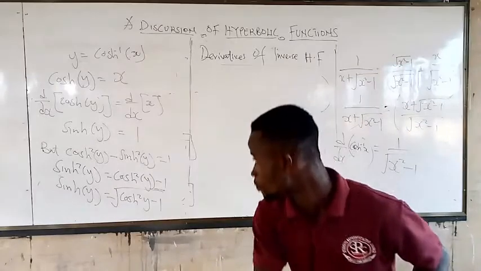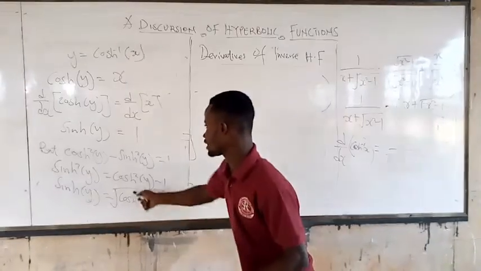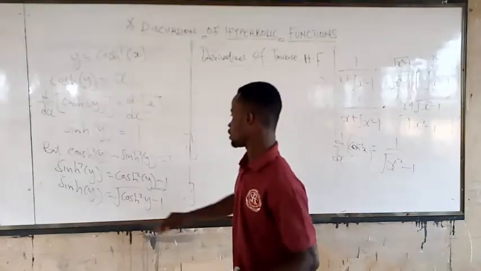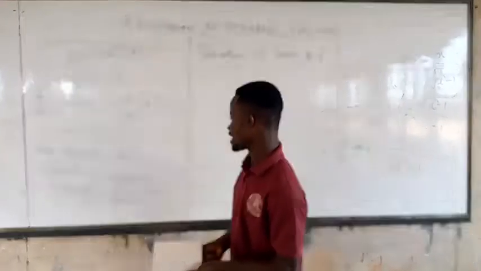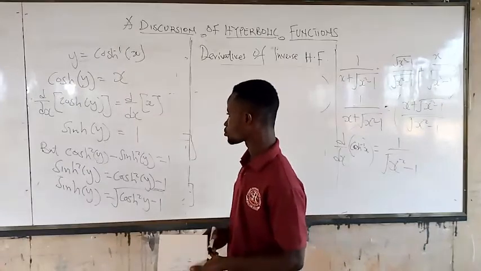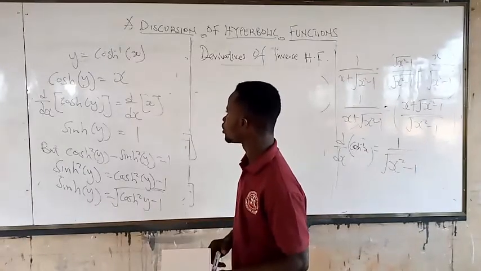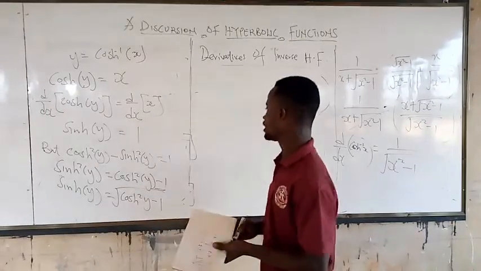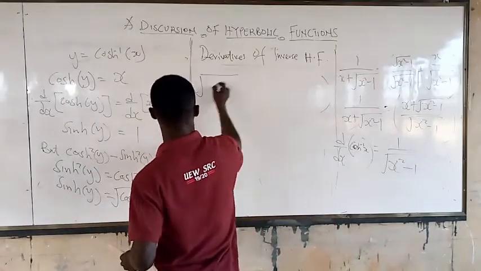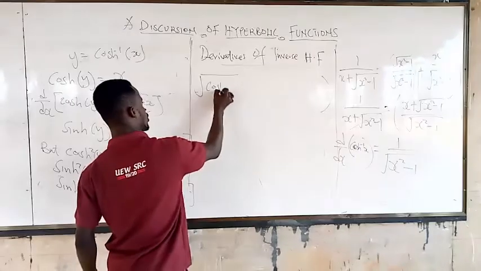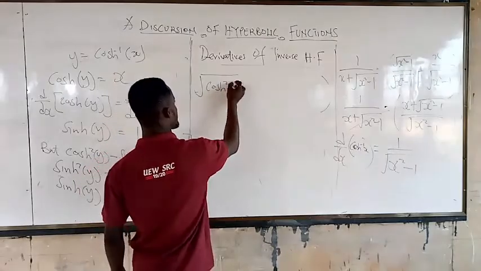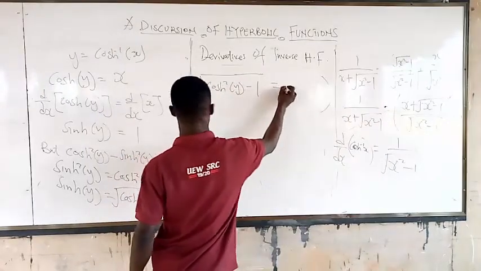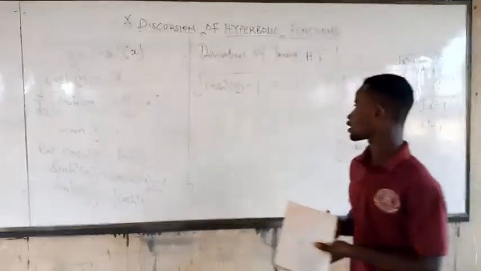So now that we are here, by substitution, we can say that the sin y is the same as cos square y minus 1 is equal to 1.